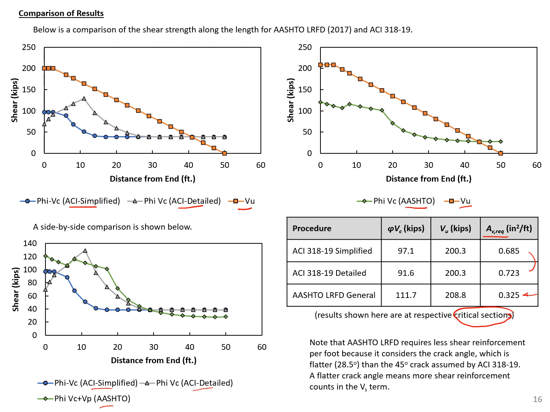This is because in AASHTO, we calculated crack angle and we found our crack angle to be 28.5 degrees. This 28.5, we have a flatter crack than in ACI where we're assuming a 45-degree crack. So a flatter crack engages more shear reinforcement, so we need less shear reinforcement per foot. So that concludes this example problem.